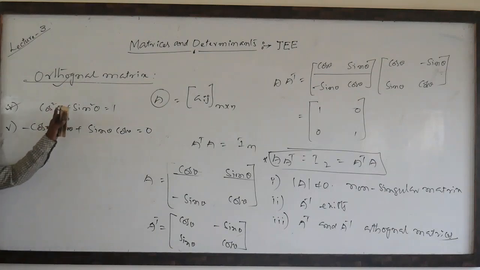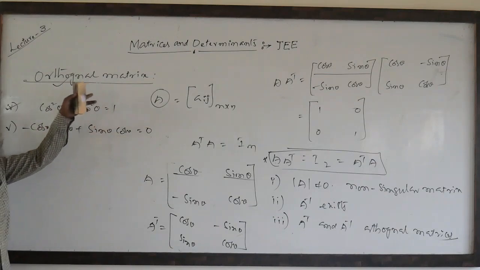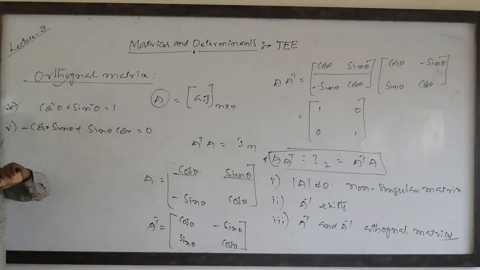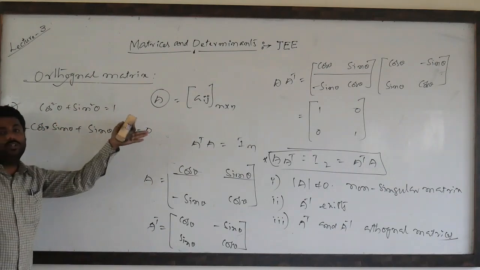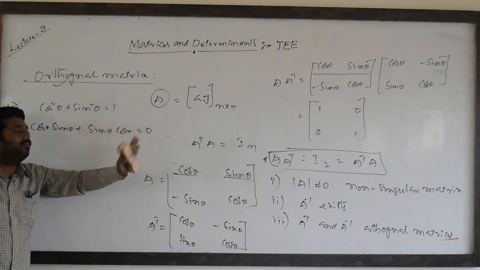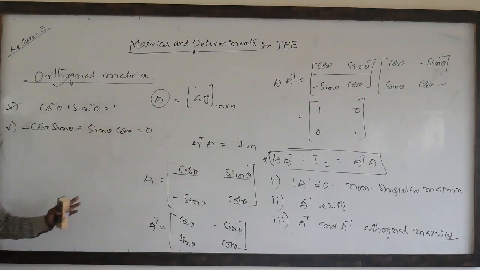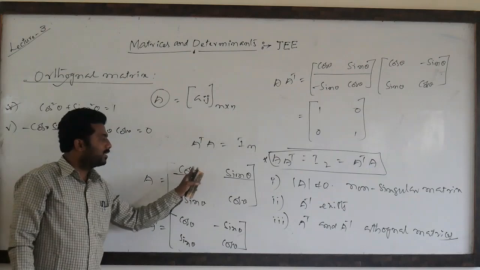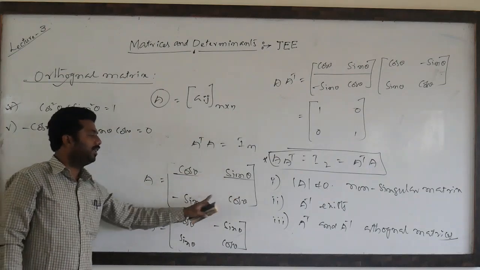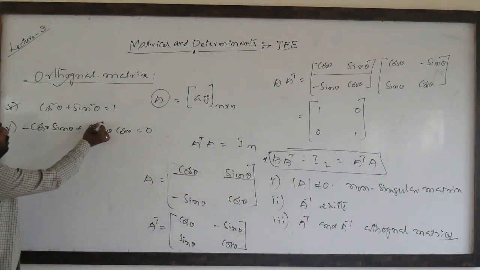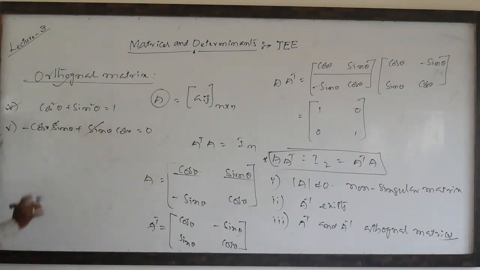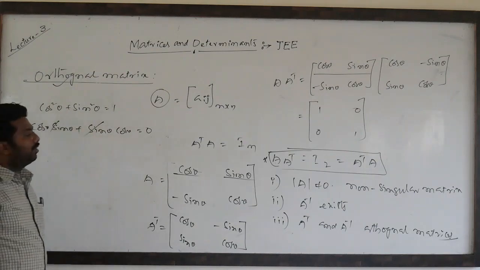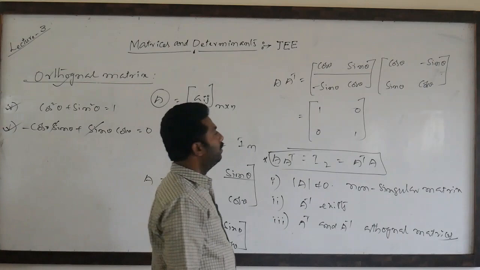The sum of the squares of elements of any row or any column is 1, and the sum of the product of elements of a row with the corresponding elements of another row or column is 0. So if you take these two, cos theta sin theta minus sin theta cos theta, both will cancel, so we get 0. So these are the terms we have to identify in an orthogonal matrix.